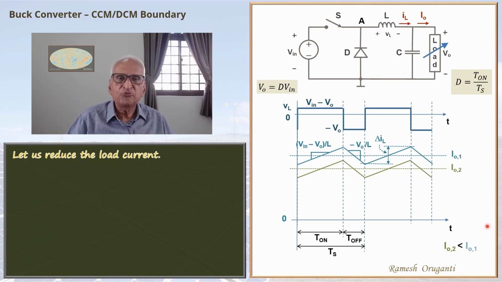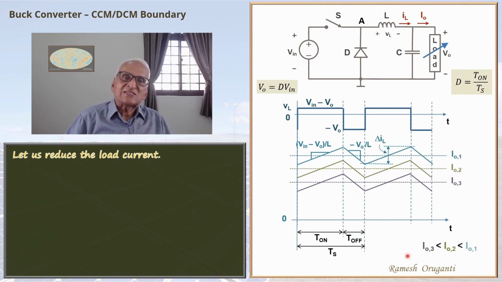The ripple current waveform remains the same, but the DC current has come down. Now let's reduce the load current even further. So I03 is less than I02, less than I01. Again, the output voltage remains the same and the ripple current waveform remains the same as before.